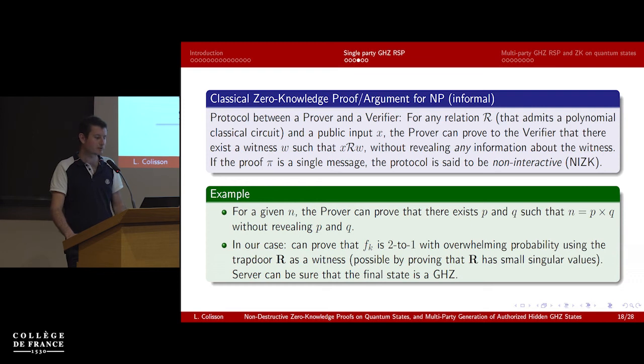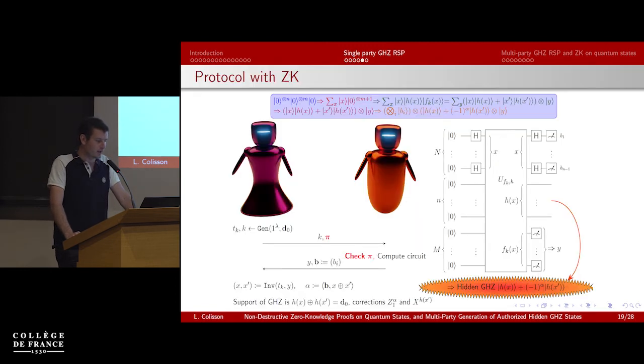So basically we can prove that the function fk is honestly prepared. And classically we can prove that kind of property for any relation which is in NP. So it's quite strong. In particular, this problem here is easy to check, so there exists a zero knowledge argument for that.